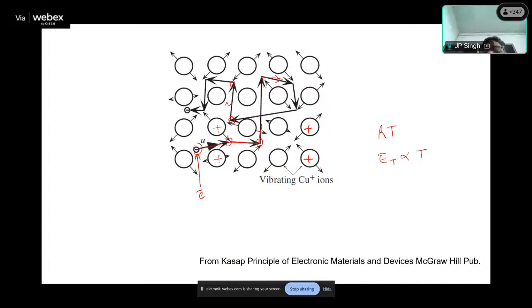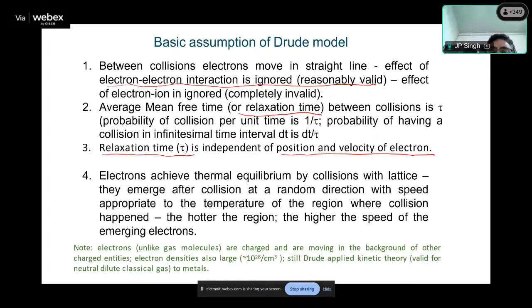After each scattering event, its direction of mean velocity changes, and its magnitude can also change, depending on the temperature of that particular region where the collision happened. That is another important point about the Drude model: the speed of the electrons coming out after the collision depends on the temperature of that local region.